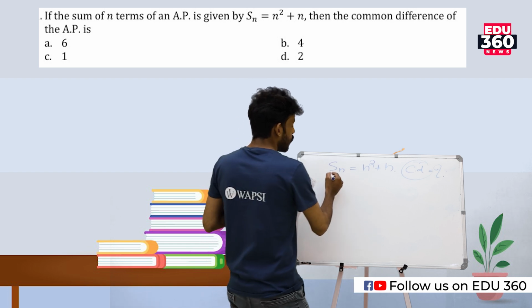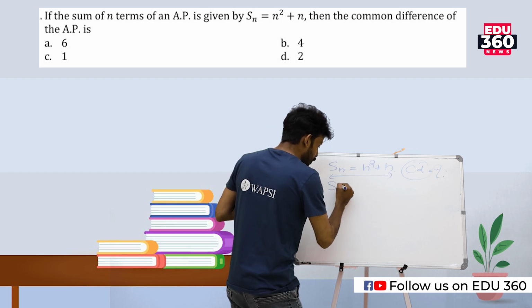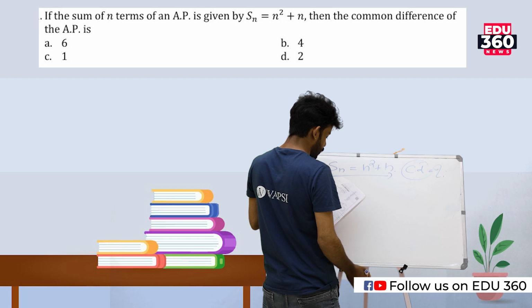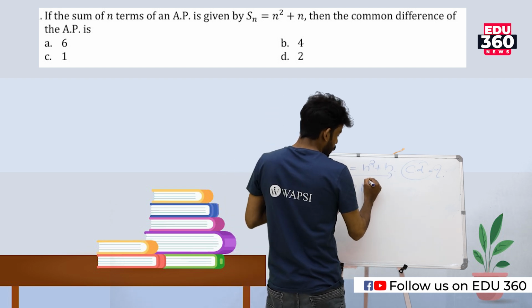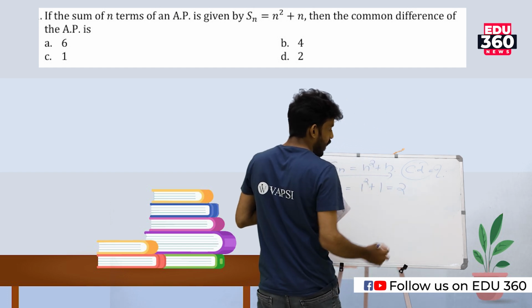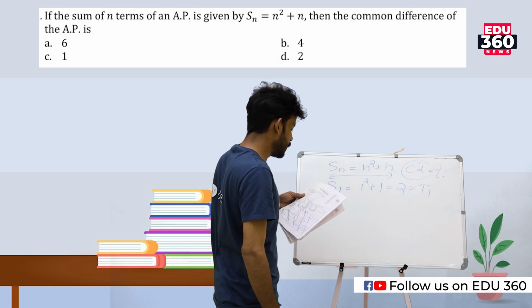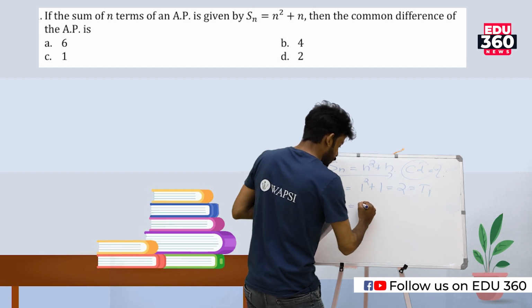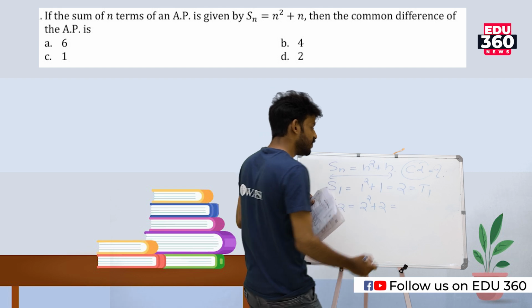Okay. So Sn is equal to n square plus n. So hereafter, first of all, I am going to write the sum of first term. So S1 is equal to, instead of n, I am going to substitute it as 1. So yes, S1 is equal to 1 square plus 1. So the answer is 2. And this is for the first term, T1. And S2, that means 2 square plus 2, that means 6.